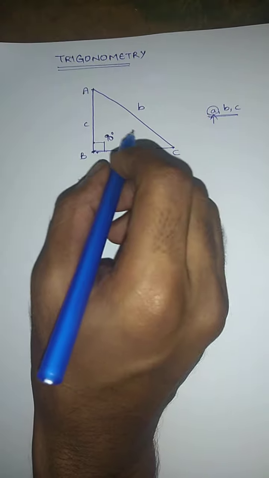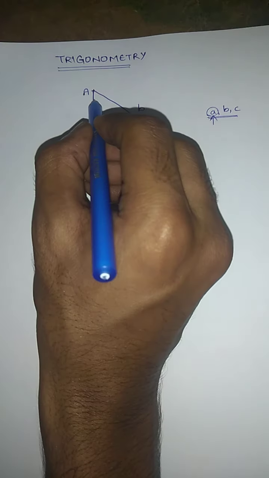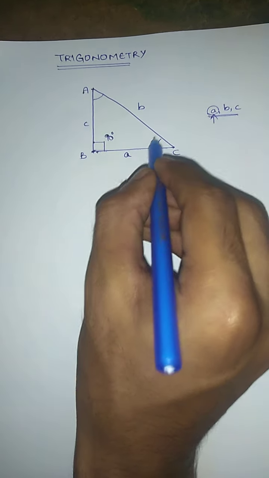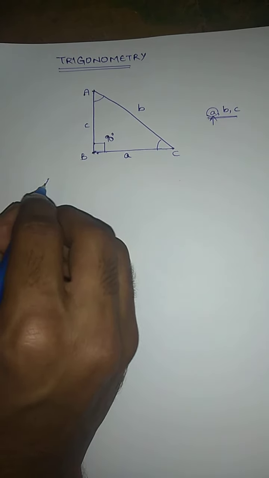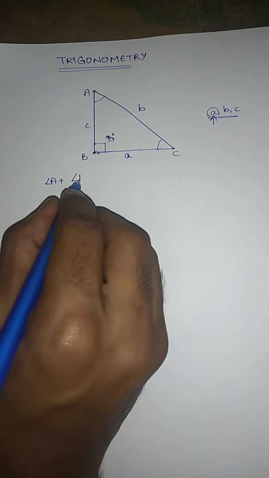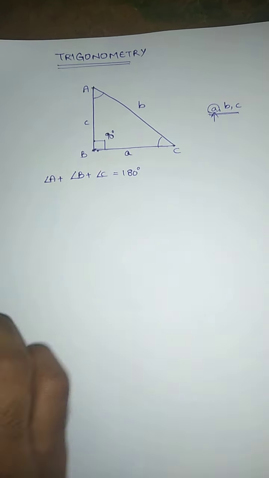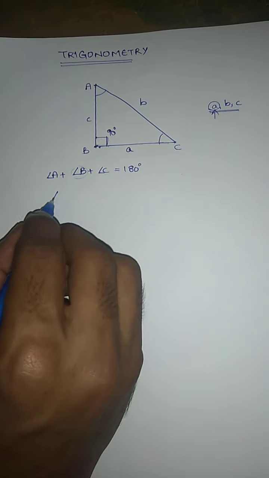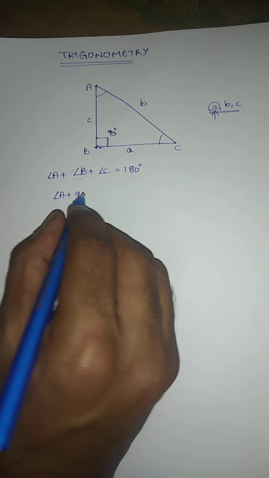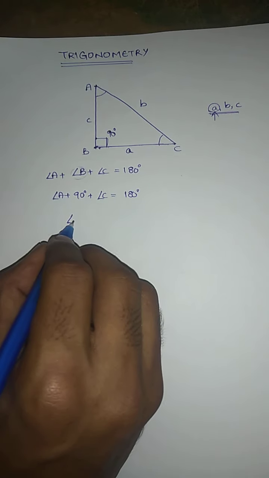So let us quickly learn the properties of this right angle triangle. The sum of all these angles is 180 degrees, that means angle A plus angle B plus angle C equals 180 degrees. What is angle B here? It is 90 degrees. Angle A plus 90 degrees plus angle C is equal to 180 degrees.